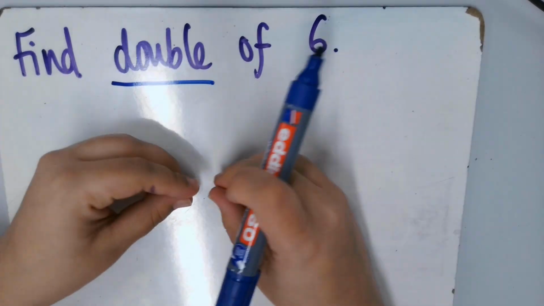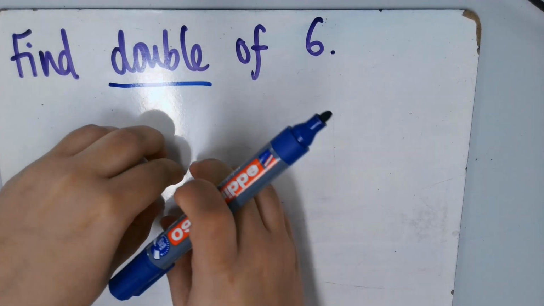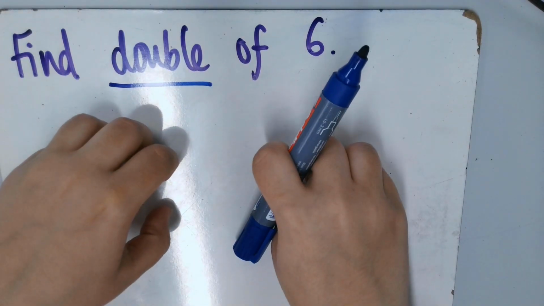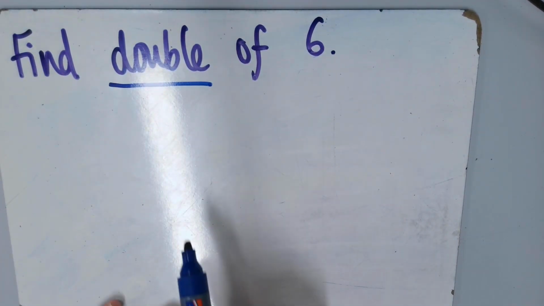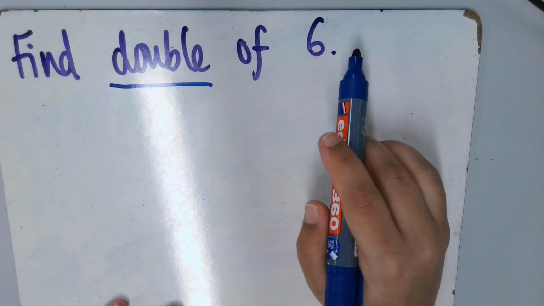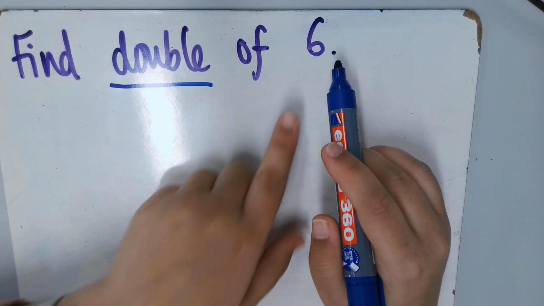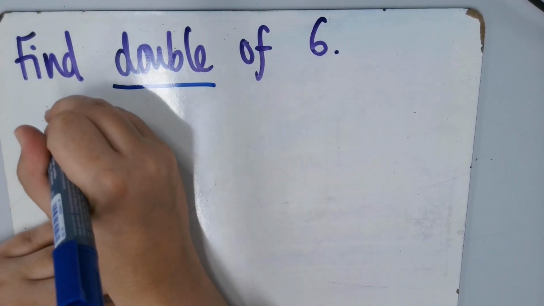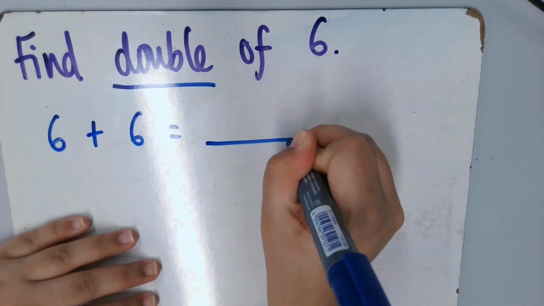If you want to find double of something, that means you've got a number or an amount and you want to find what 2 of those numbers would be. For example, here I've got 6. If I want to find double of 6, that means I want to find out what 2 lots of 6 make. And that's the exact same as saying 6 add 6 gives me something.